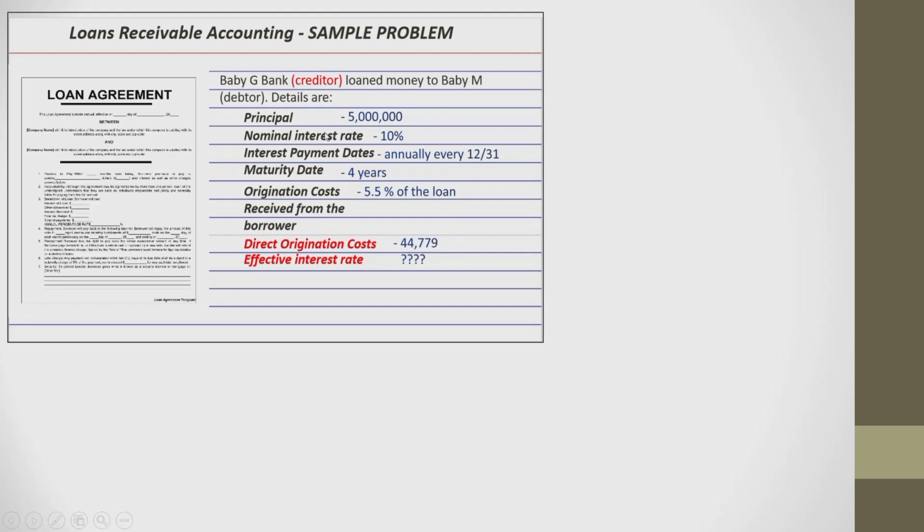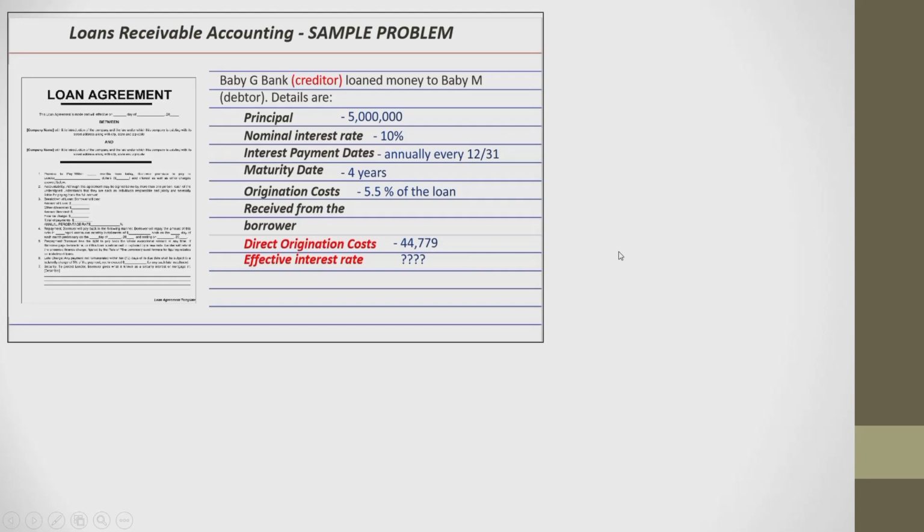Because of those origination costs, the loans receivable was initially recorded at 4,769,779 instead of 5 million. Because of that, a new effective rate was computed, and that was 11.5%, if you can still remember.